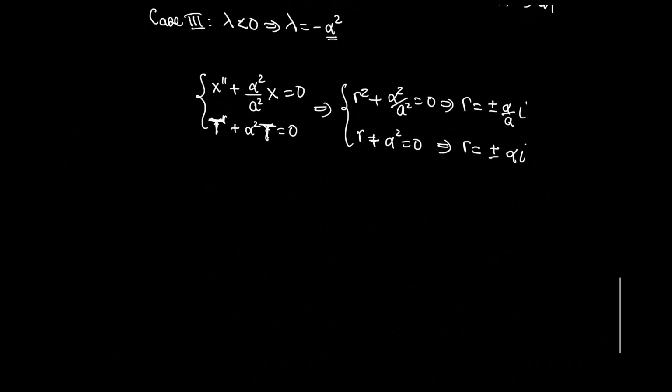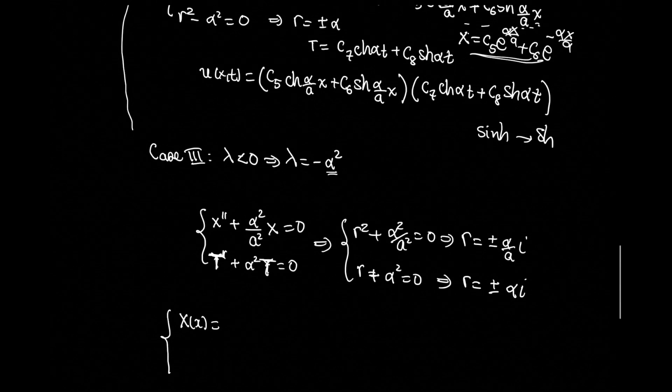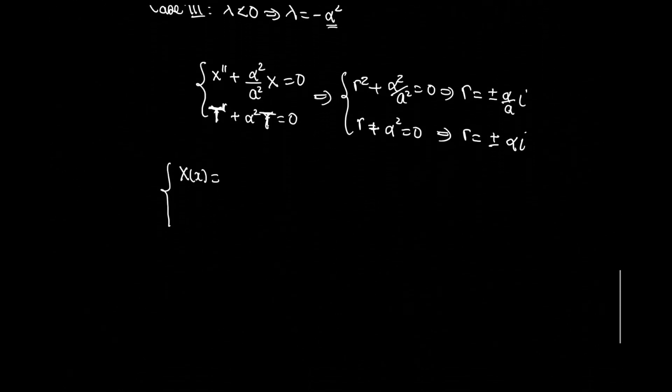So for complex, you still remember from ODEs, I can write the solution for x. I already used until C8, now I'm going to start from C9. I can say C9 cos of alpha x over a plus C10 sin of alpha x over a.